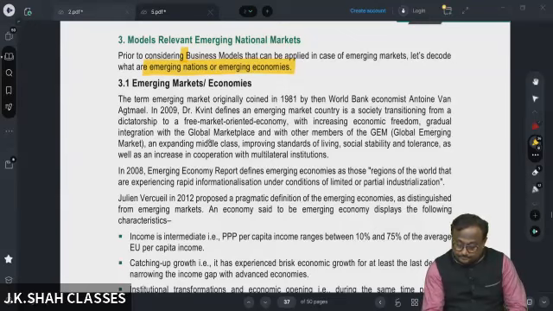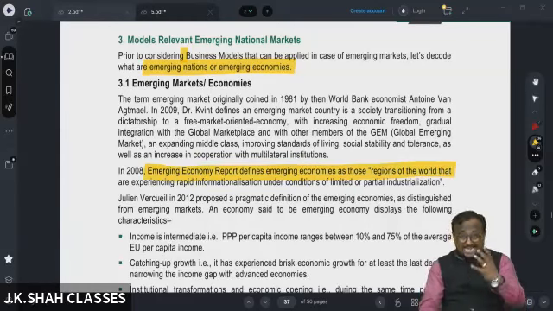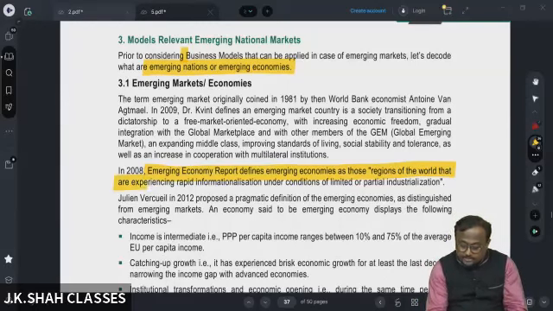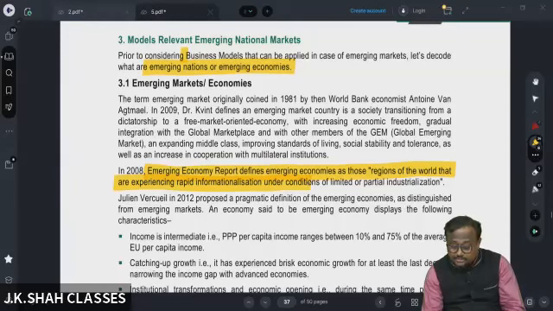See, emerging economy is regions of the world, areas of the world that are experiencing rapid informationalization under the conditions of limited or partial industrialization.